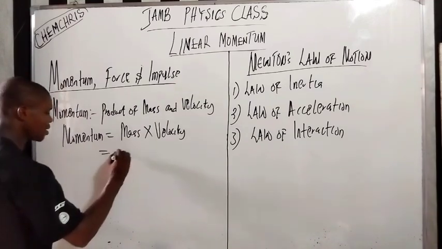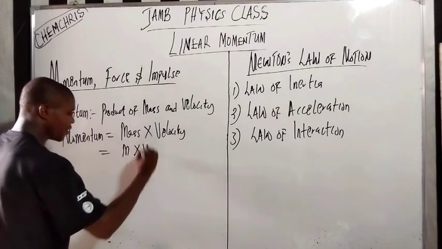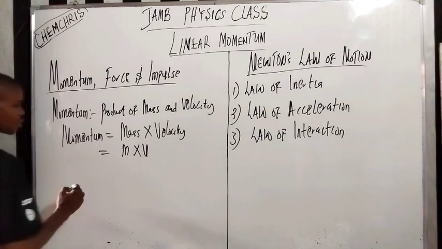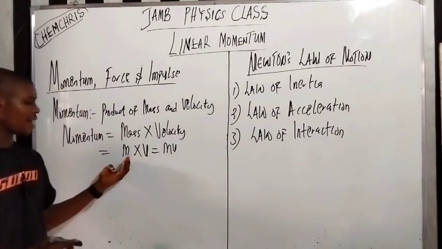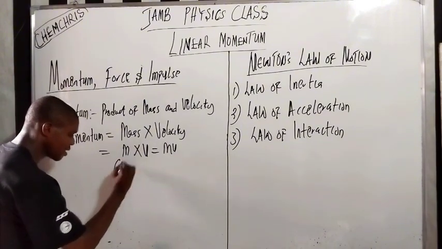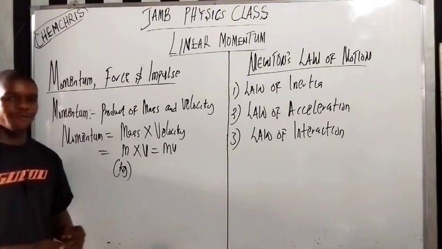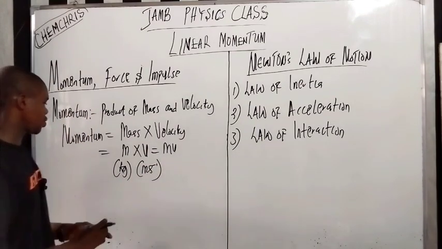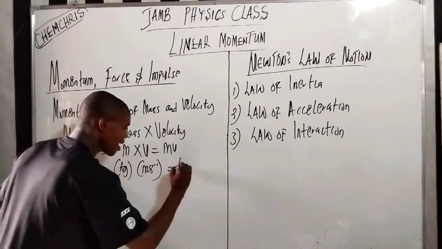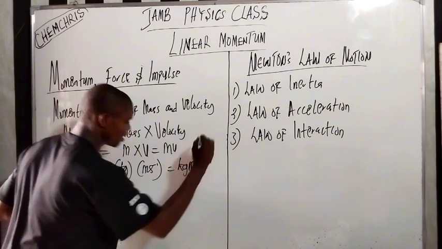Now mass is m, velocity is v. Do you understand? So momentum is m times v. Now what is the unit? Remember the unit of mass in physics is kg. The unit of velocity is meter per second. So the unit of momentum is kg meter per second.